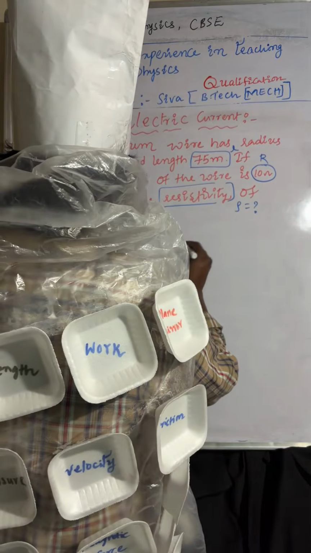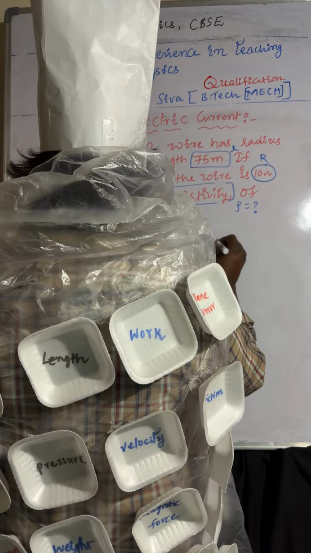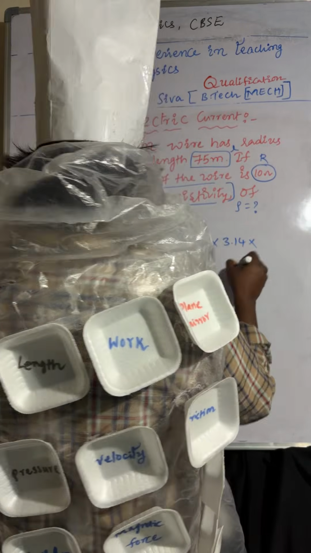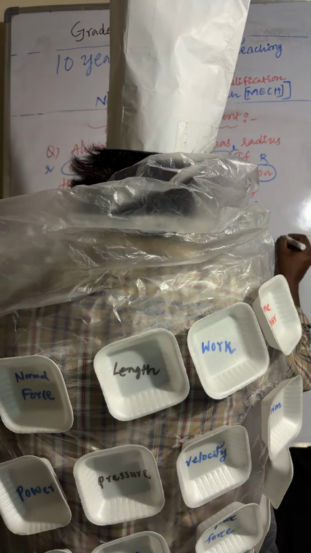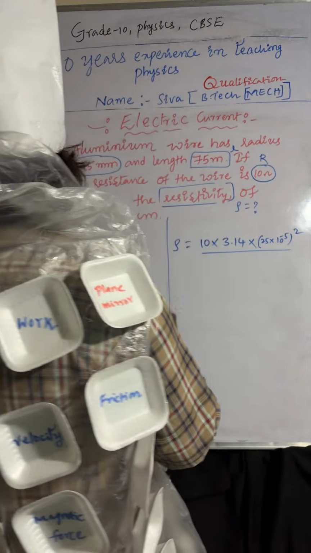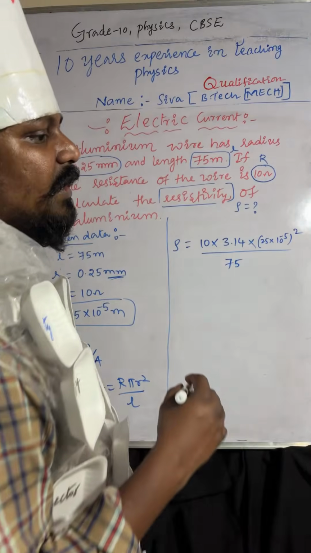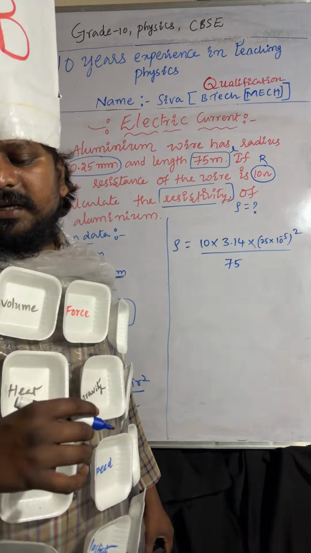Okay, so rho equal to, RA how much? 10 ohm. And pi R square is 3.14, and R square is how much? 25 into 10 power minus 5 whole square, by L equal to how much? 75.